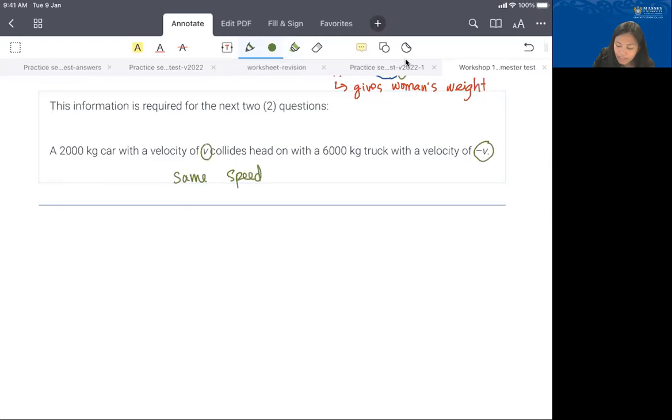But you have the negative sign, that means opposite direction. You can just say that v is equal to 10, so the car is moving at 10 meters per second, but the truck is moving at negative 10 meters per second, so they have opposite directions.